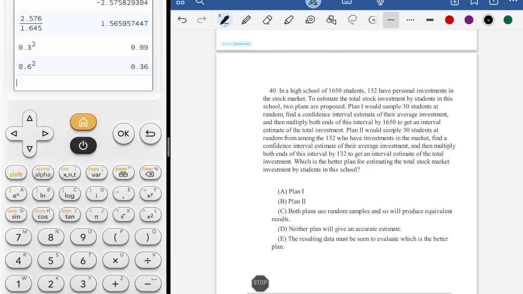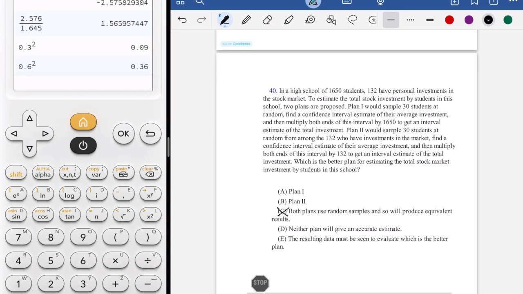But we can look at the other possibilities. Both plans use random samples, and well, that doesn't make sense. Just because of random samples doesn't mean the outcome is determined by the sampling technique. The outcome is a consequence of it, but it's not like, if I use this sampling technique, I guarantee that I get these outcomes. That's not how it works.